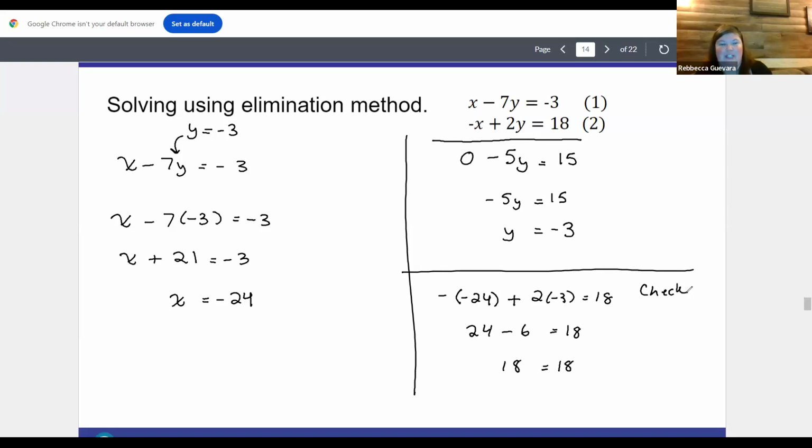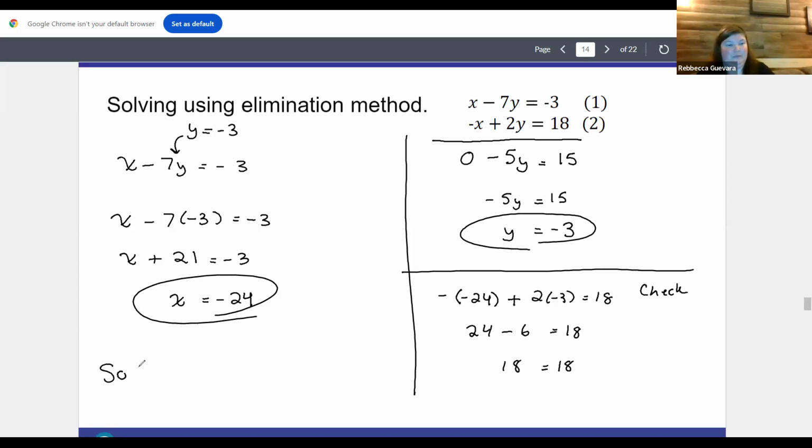Like I said, this is my check. So I did find my solution. So my solution is the point negative 24, negative 3, because that will work for both of those equations.